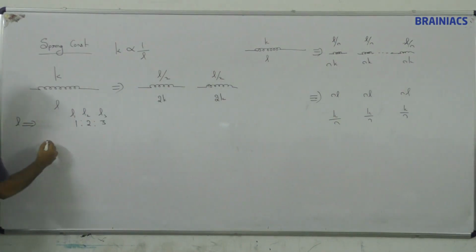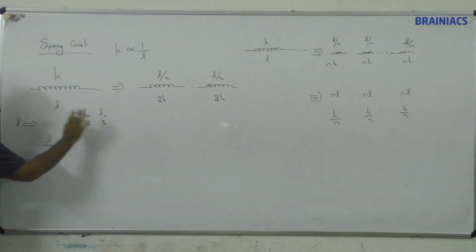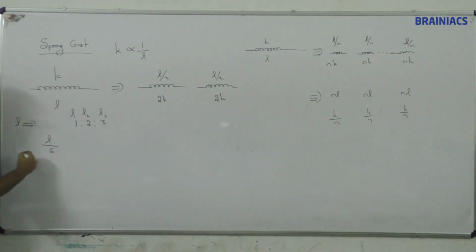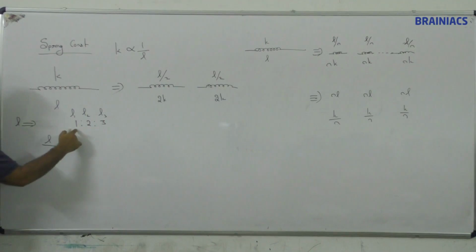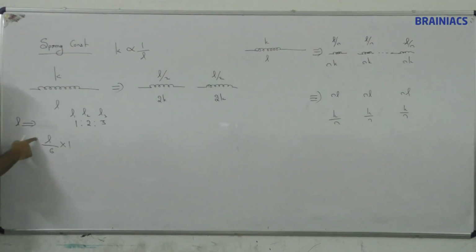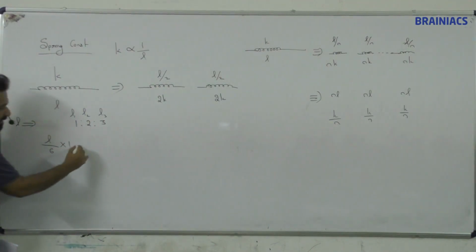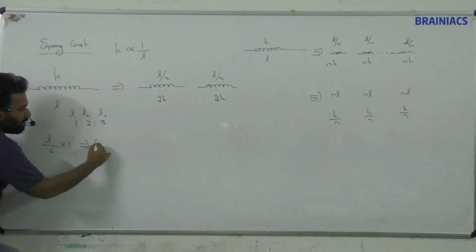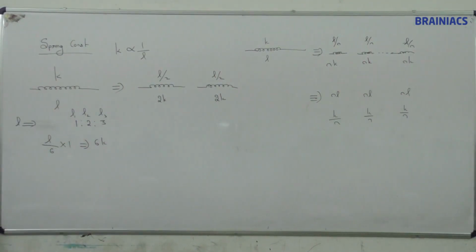Then what we should do? L divided by 1 plus 2 plus 3, that is 6, into this one. If we do, what are we getting? L by 6. So its corresponding K is going to be 6K.